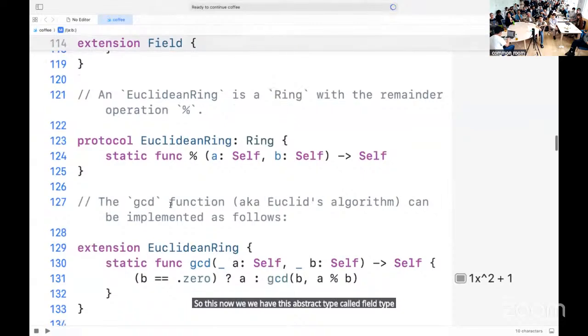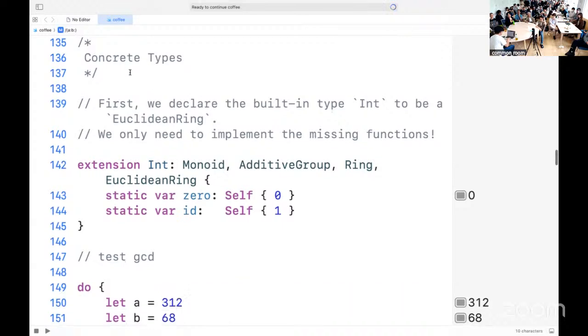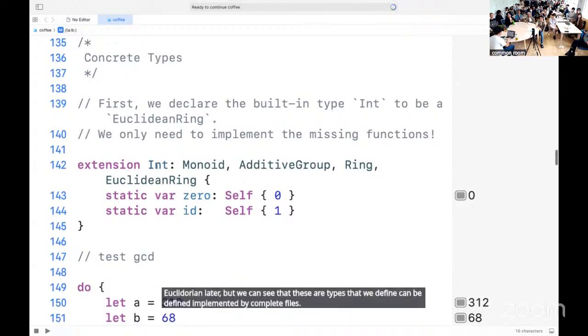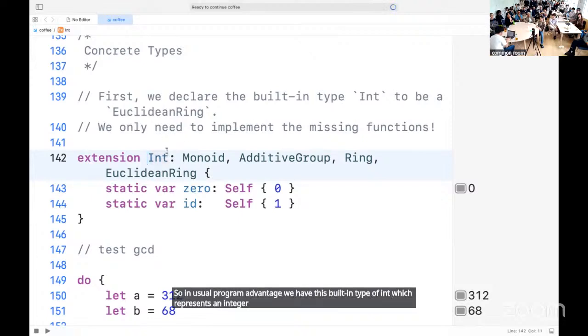And I'll get to this Euclidean ring later, but we can see that these are abstract types that can be implemented by concrete types. So in a usual programming language, we have this built-in type int, which represents an integer. And this already implements plus and minus and those operations. So we only need to implement the missing functions.